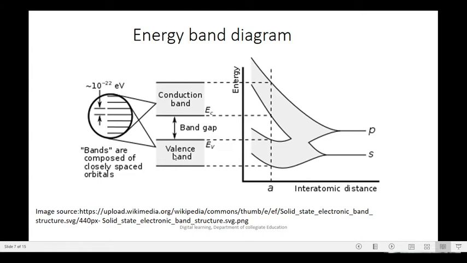Here the energy is taken along the y-axis and the interatomic distance is taken along the x-axis. These are the formation of bands, and here s and p are the orbitals: s, p, d, f orbitals according to the principal quantum number, which follows Pauli's exclusion principle.